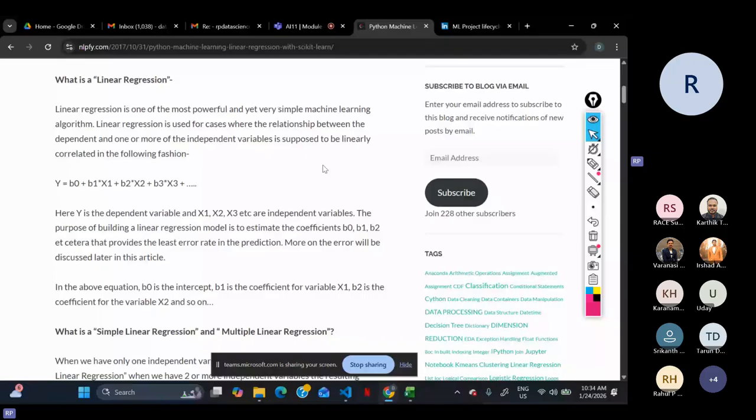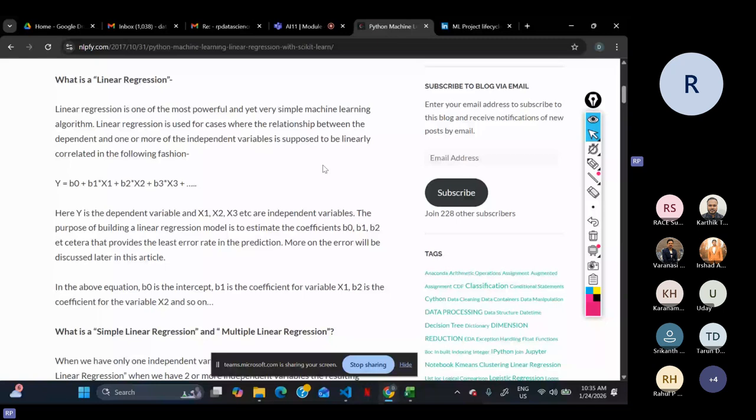The third assumption: whenever we create a linear regression model and predict something, our prediction will not be exactly the same as the actual value. So there will always be some error. And if we get all those errors, there should not be any pattern between them.